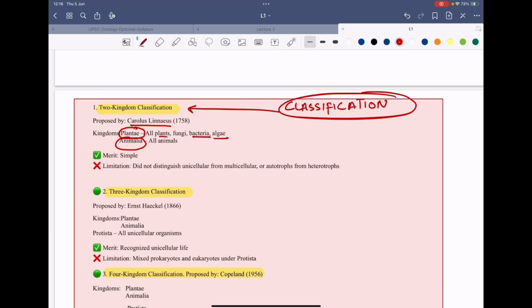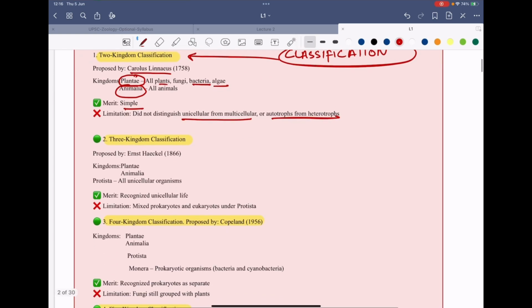They did not have any idea that fungi or bacteria or algae can be kept separately. So on the basis of outer external qualities, Carolus Linnaeus simply divided into Plantae and Animalia. It was a simple classification, but it did not distinguish between unicellular, multicellular, or autotroph or heterotroph.